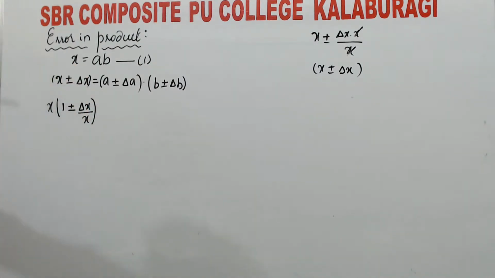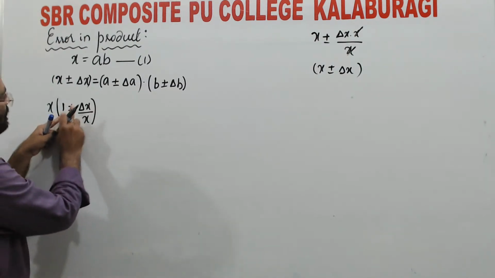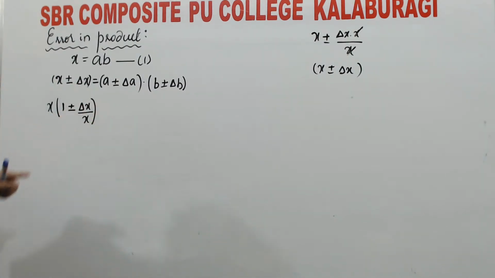If I take x outside, I get 1 plus or minus delta x by x.